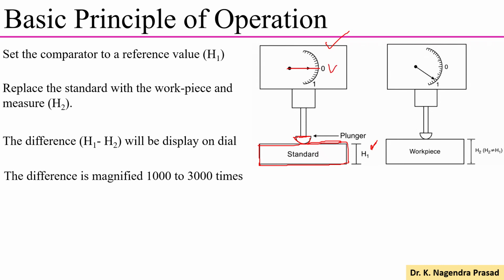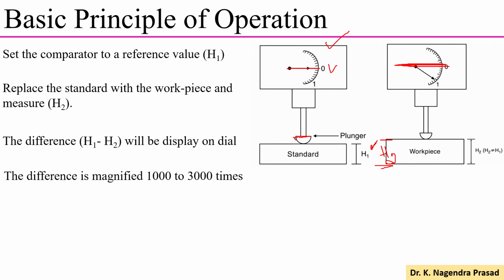Next we have to replace the standard with the workpiece and measure H2. Let us consider the height of the workpiece is H2. Now we have to observe the difference of the pointer.